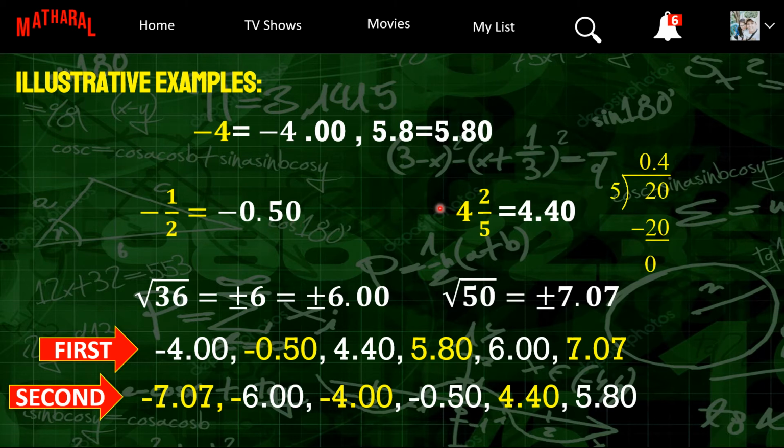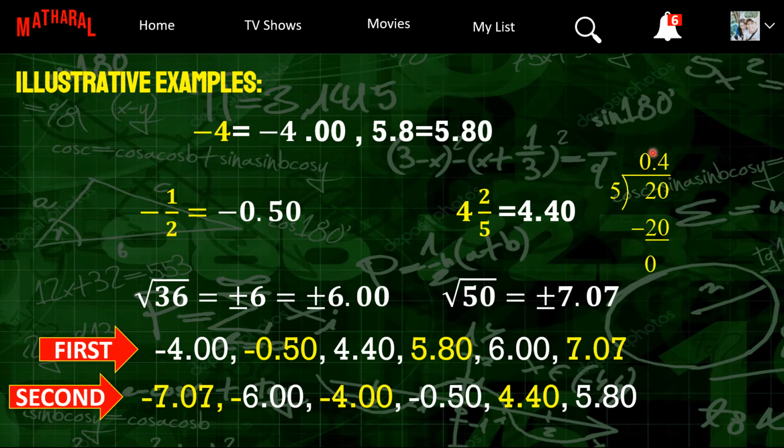Okay, and 4 and 2 fifths, a mixed number, is equal to 4.40. So the 4 here is a copy lamang, and then yung 2 fifths, you're going to convert it into decimals. So, as what we had in our previous discussions in converting fractions to decimals, ito po siya.